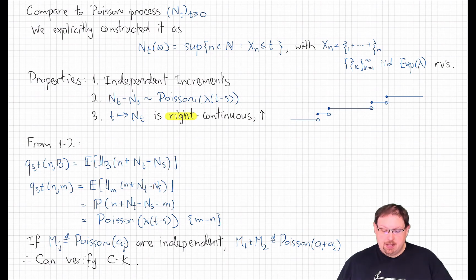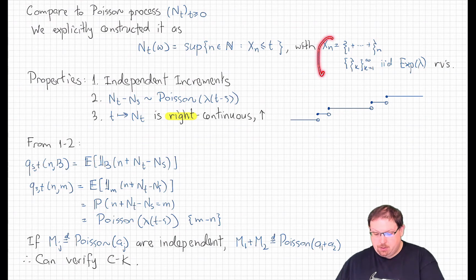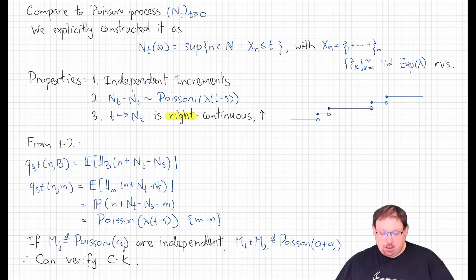Now, we arrived at these properties naturally from this construction, but we could turn the tables here and say, let's construct a Markov process which has these properties. And we're in the same pickle here with property 3, because the set of right continuous paths is not a measurable set in the product sigma field. So we would need to have a larger sigma field in order to even ask the question whether these paths are right continuous or increasing. Same problem.